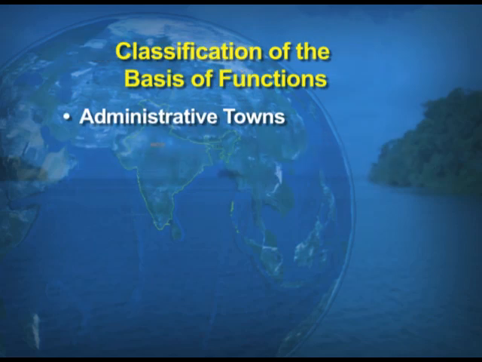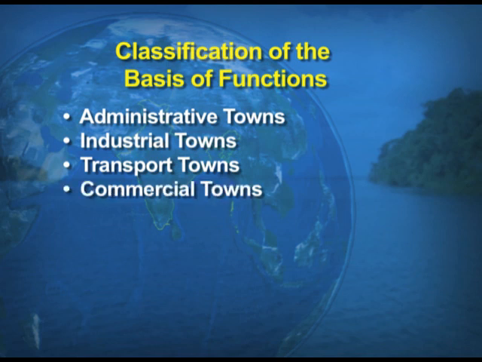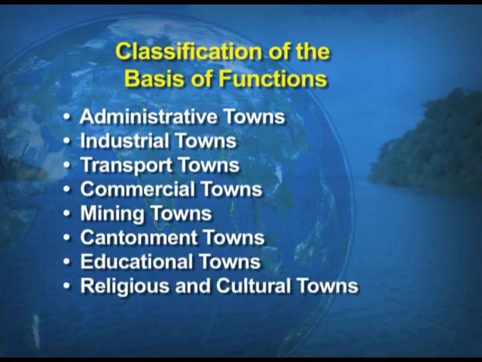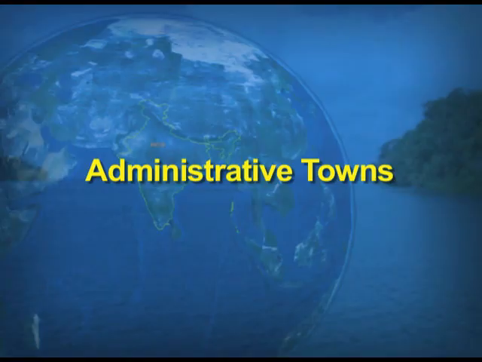They are administrative towns, industrial towns, transport towns, commercial towns, mining towns, cantonment towns, educational towns, religious and cultural towns, and lastly we have the tourist towns as well. Now, we will be taking up the administrative towns. So, that means the towns supporting the administrative headquarters are known as administrative towns.